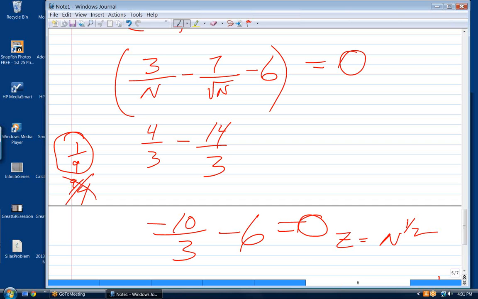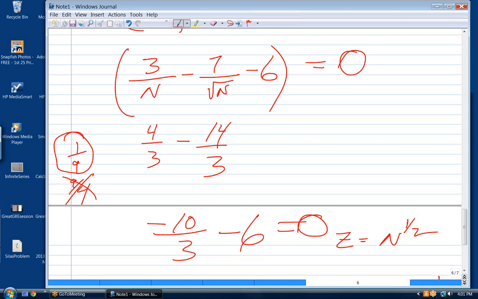Is that because we squared it at the beginning of the problem? It does have to do with the fact that there's a radical in there. When you're solving a quadratic, if it's a standard polynomial, you rarely create extraneous solutions. But if it has absolute values in it, you frequently create extraneous solutions.